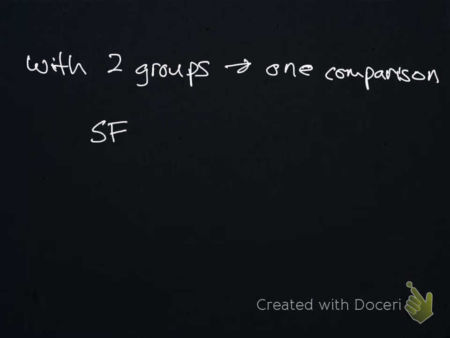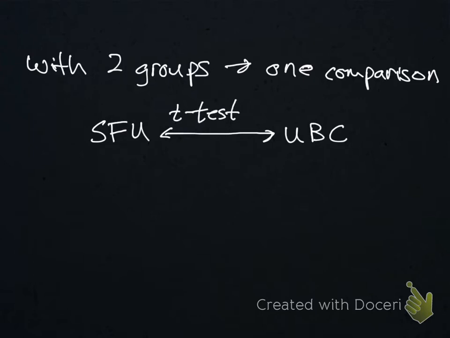To compare these 2 groups, all I need to do is make one comparison between them, and that comparison would be facilitated by our independent samples t-test. When making that one comparison, I'd run one t-test with one alpha rate of 0.05.